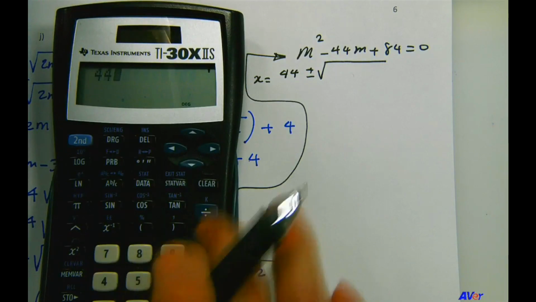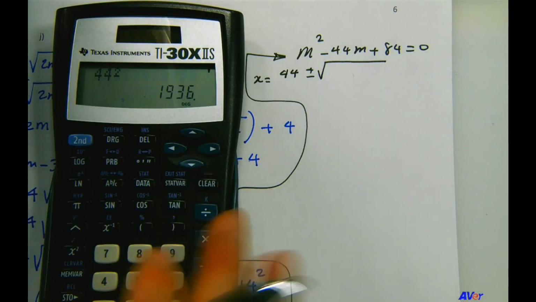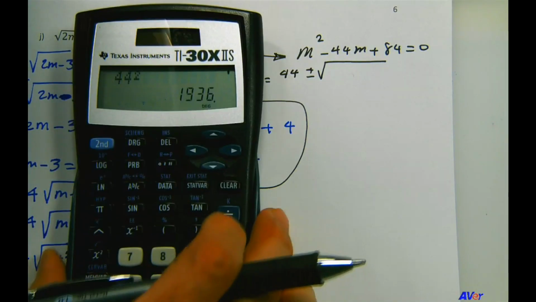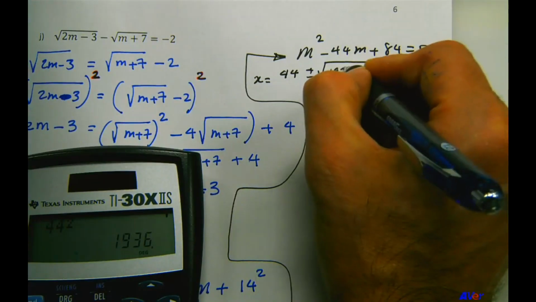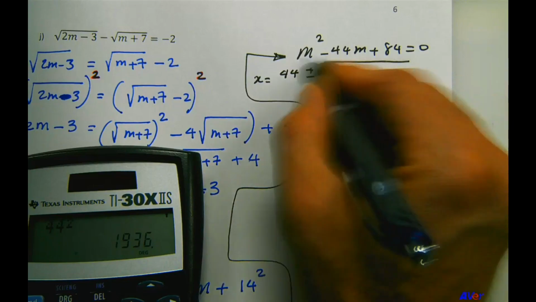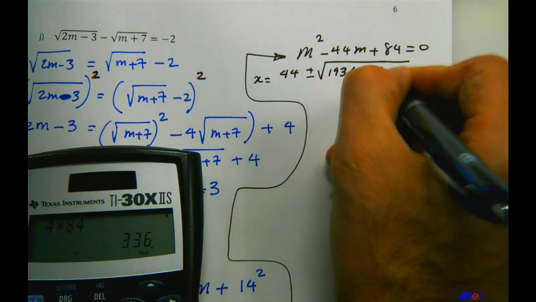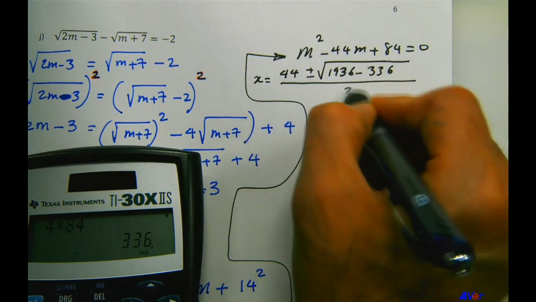B squared is 44 squared, so it's 1,936, right? That would be 1,936 minus 4 times A times C, so minus 4 times 84, so minus 336, divided by 2A, which is 2.